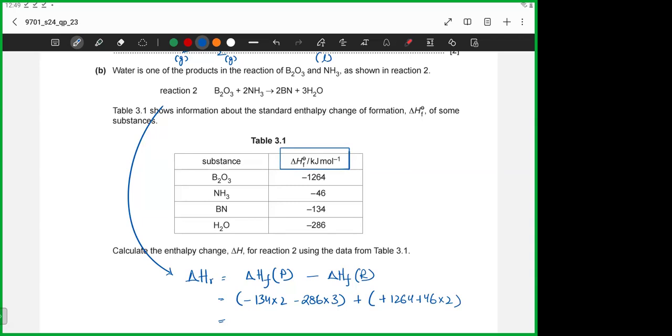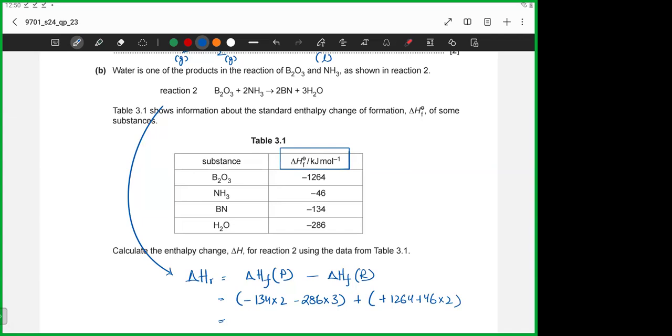Let me try this again. One second. Here, minus 134 times 2, minus 286 times 3, plus 1264, plus 46 times 2.